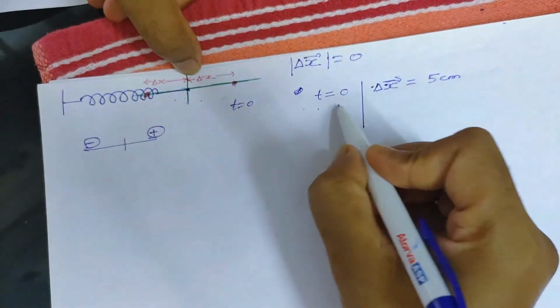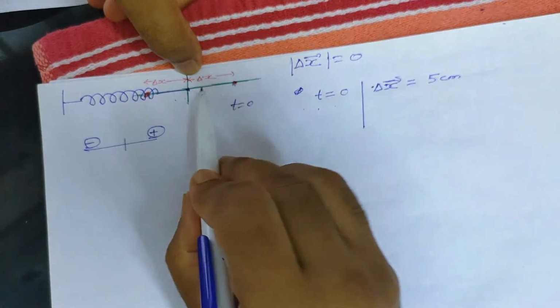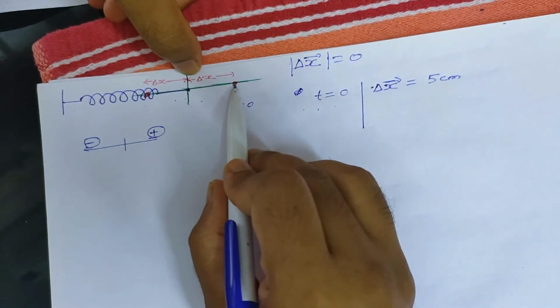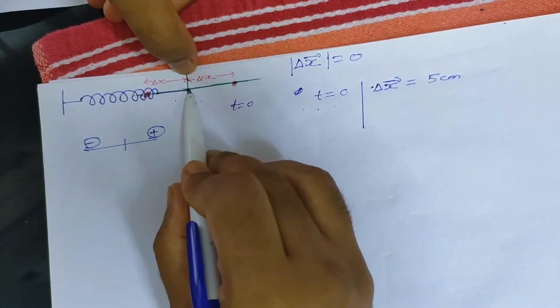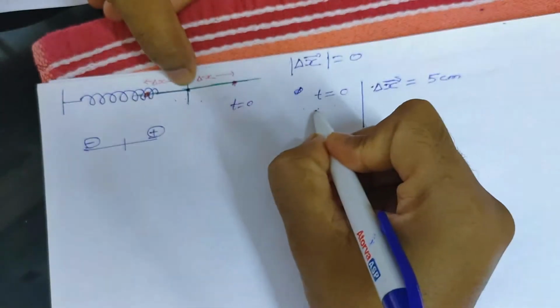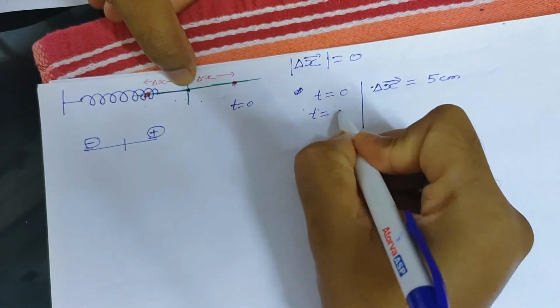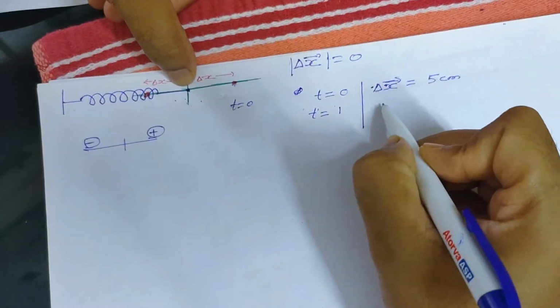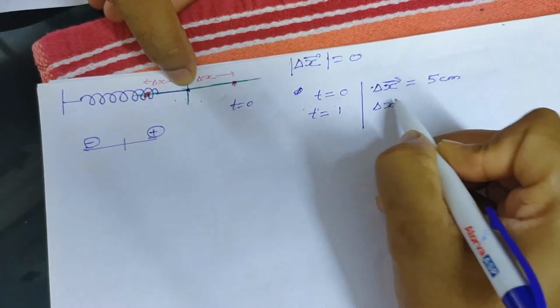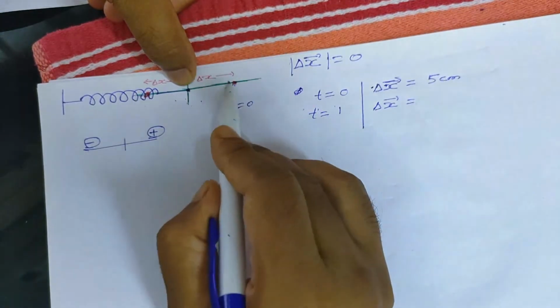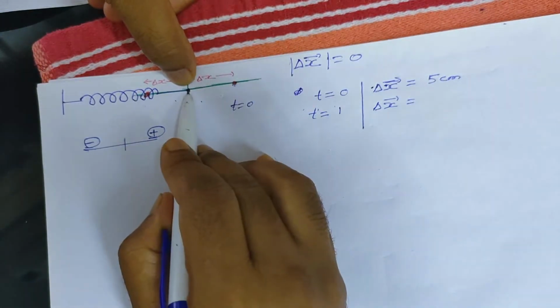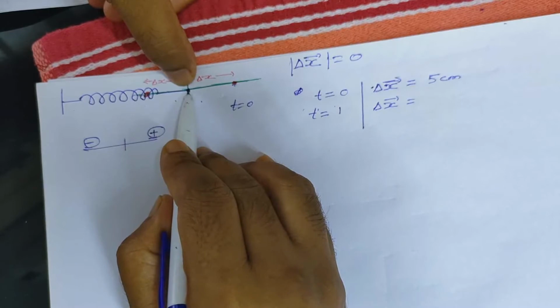So at t equal to 0, the displacement of the open end from the reference point is plus 5 centimeter. Now t equal to, once again, how much is the displacement? Say this open end reached here in a time duration of 1 second.